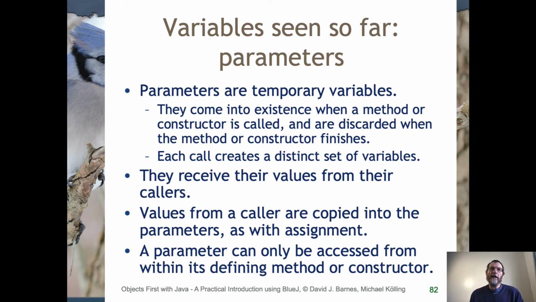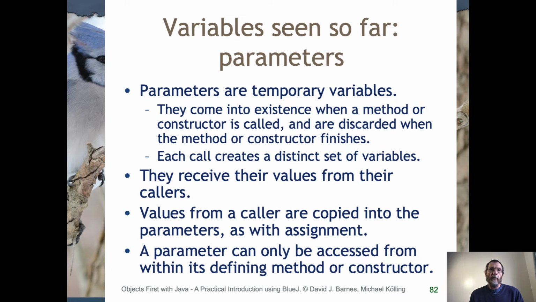And as soon as that constructor has finished, or as soon as that method has finished, those parameter variables are discarded. They're thrown away. Now, parameter variables are explicitly designed as a way for values to be received into a method or a constructor. So they receive values from the caller of the method or from the caller of the constructor.